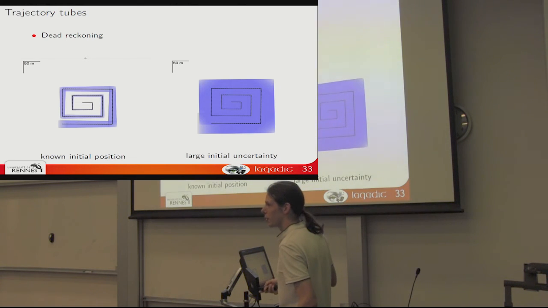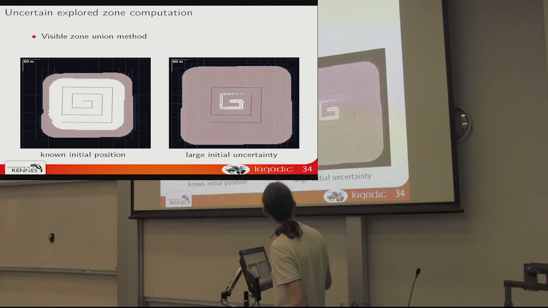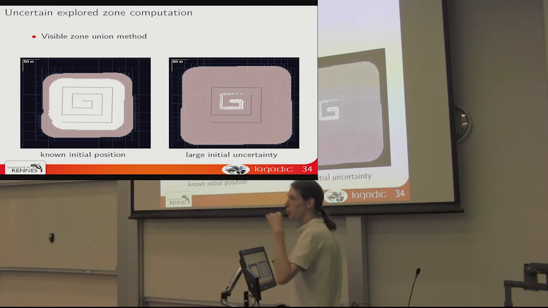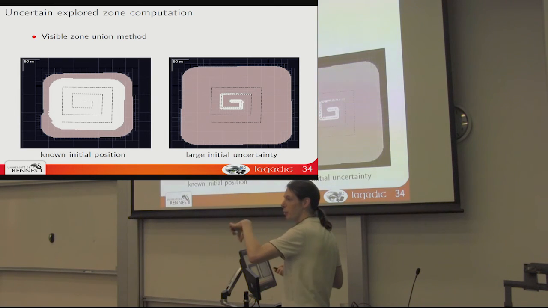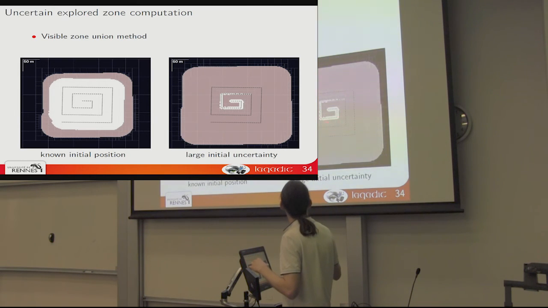So the next slide, I don't understand why the white part. Okay. So at the beginning, if we only use the union of the visible zones at each time, since here the uncertainty is already large, we can just prove that we see this, and then uncertainty grows, and here we cannot prove anything.